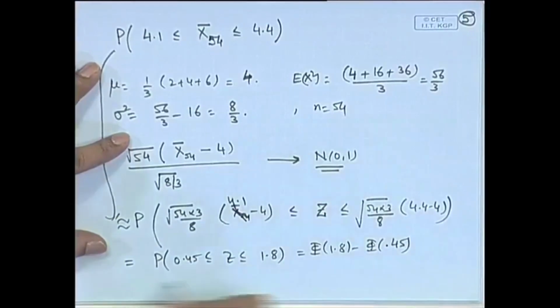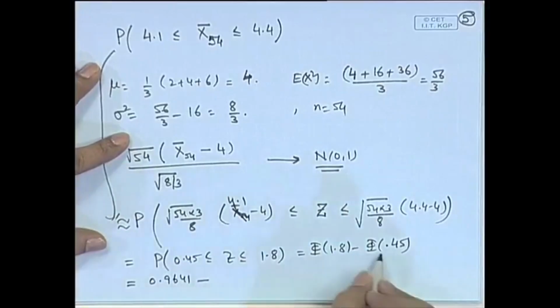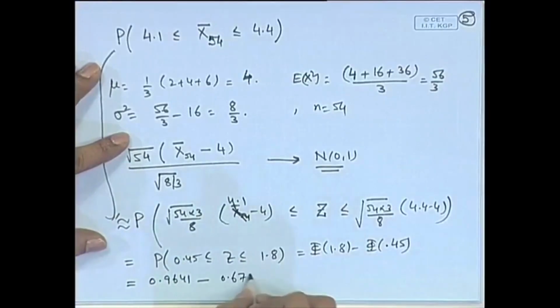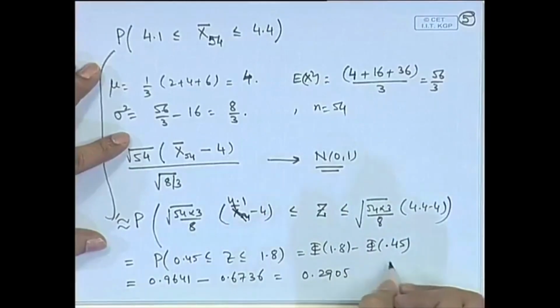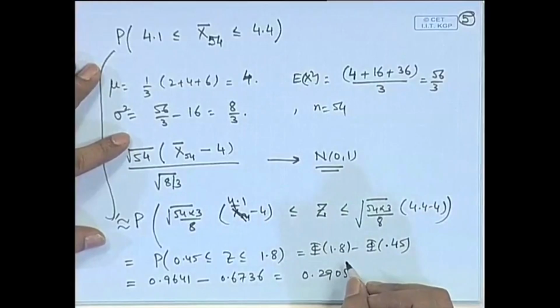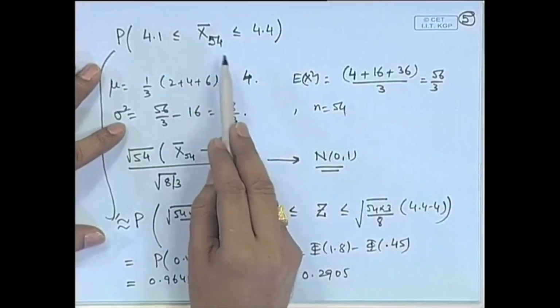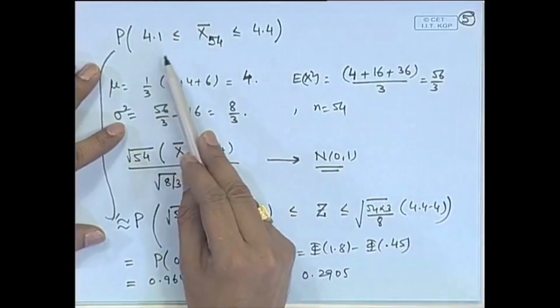So, from the tables of the normal distribution, these values are 0.9641 minus 0.6736, that is equal to 0.2905. That is, approximately 30% of the time the sample mean will lie between 4.1 to 4.4.